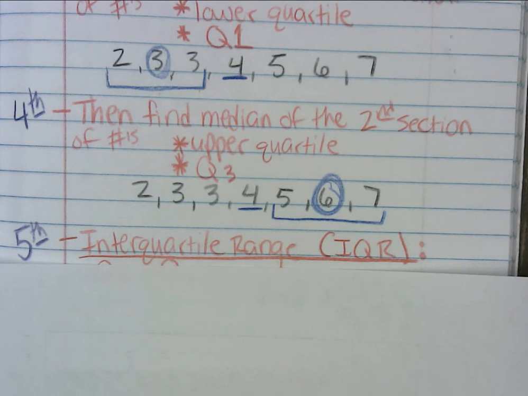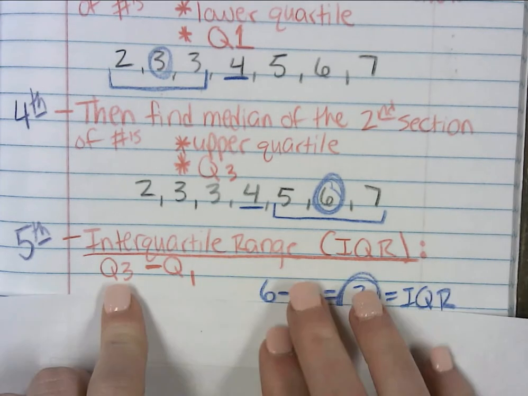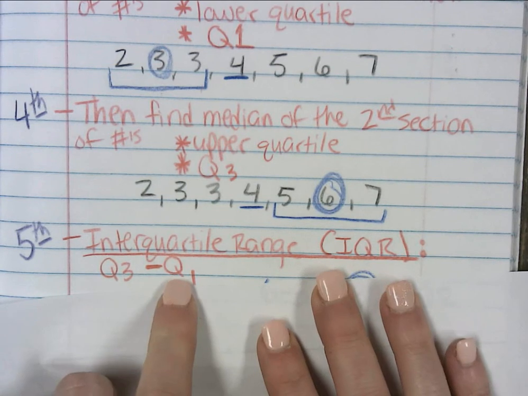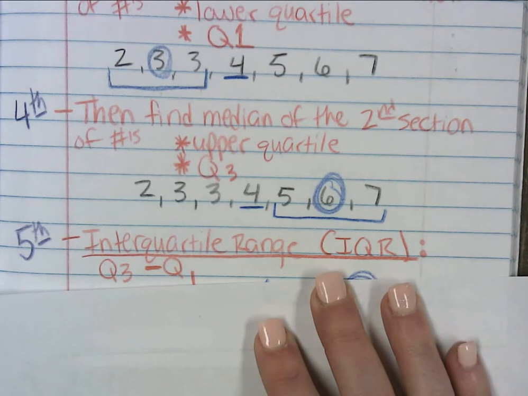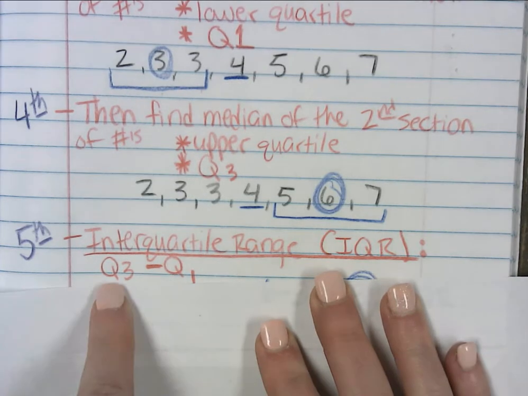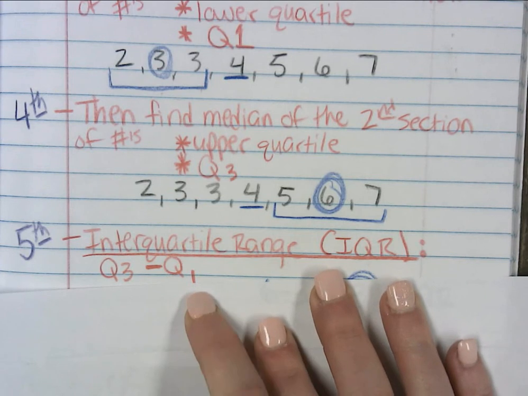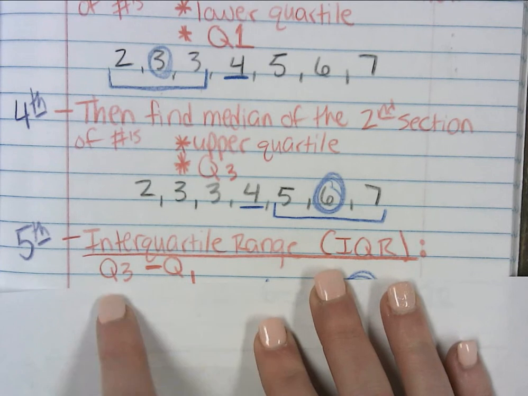For mean, median, mode, and range, we know range is the difference between your largest and your smallest number. So that's what we're doing. We're taking our large section, Q3, and our smaller section, the lower quartile, Q1, and we're finding the difference between that. So we're going to take the number we had for Q3 and subtract our Q1 number, because this was our upper section minus our lower section, right?